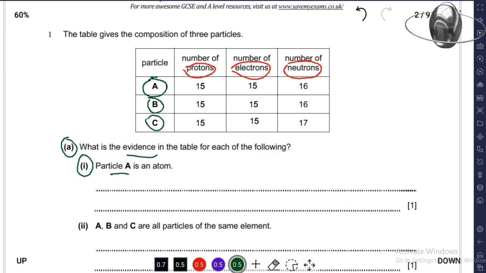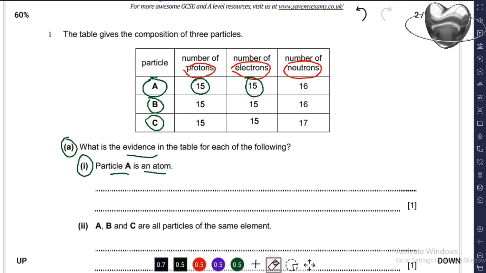Particle A is an atom. What evidence is there on the table? The evidence is here. I said, in a neutral atom, the number of protons is equal to the number of electrons. If the number of electrons is equal to the number of protons, that particle is going to qualify to be called an atom, because an atom is neutral.